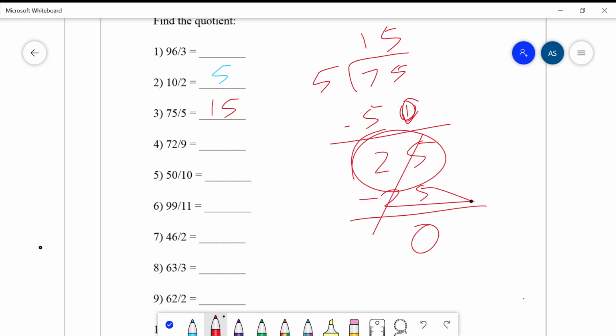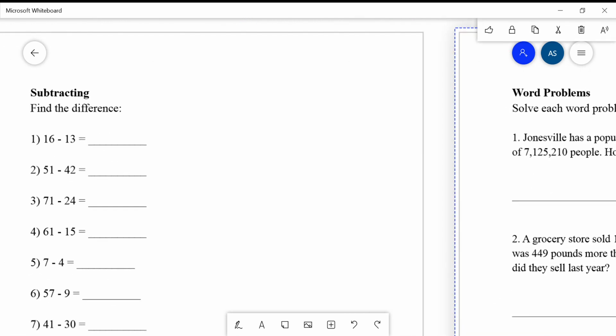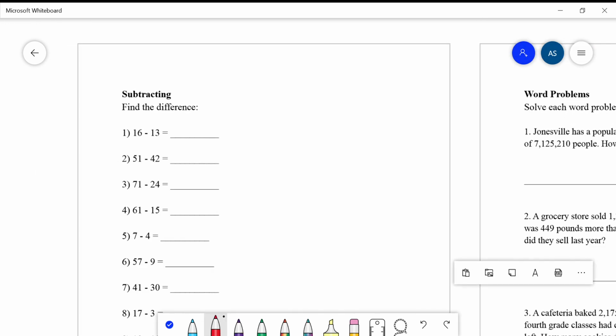Now moving on to our next page. This is the last page we'll be doing together because I want you to do the word problems alone. Subtraction. Always remember that the number the minus sign is right next to is the number you're taking away. Looking at number 1, we have 16 minus 13.